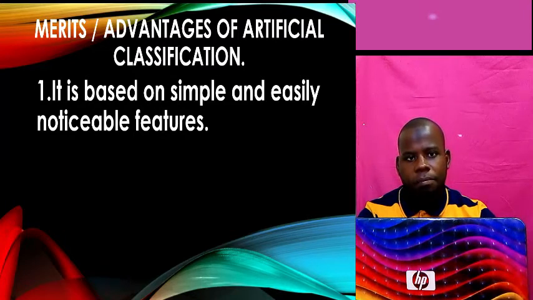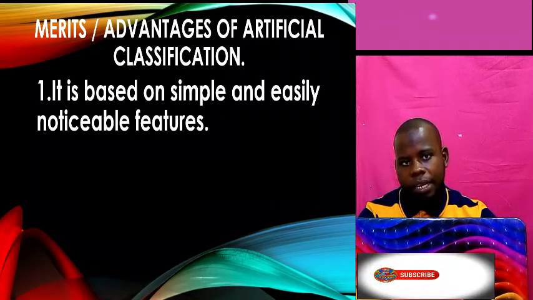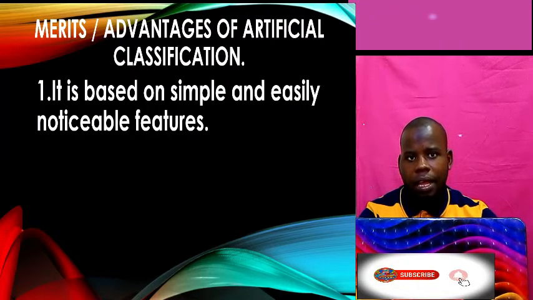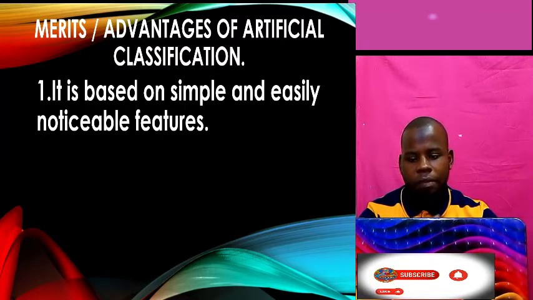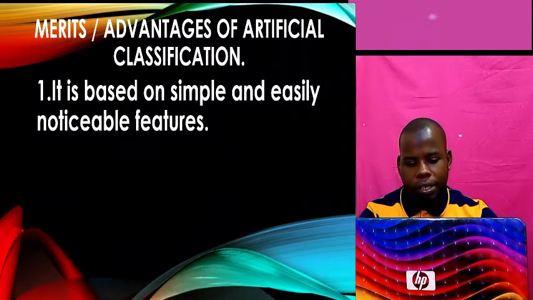It is very simple to observe. You can see that it is a bird through its wings, through its external features. So there is no complication. That is the importance, or advantage.